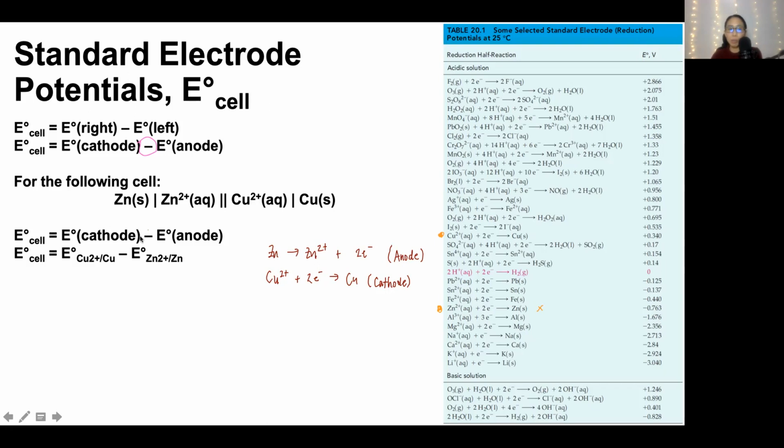Again, that is the purpose of your minus sign here, to invert the sign of the standard reduction potential of your anode. So how do we get the standard cell potential for this electrochemical cell? So we have the standard reduction potential for the copper electrode, which is positive 0.340 volt minus negative 0.763 volt.